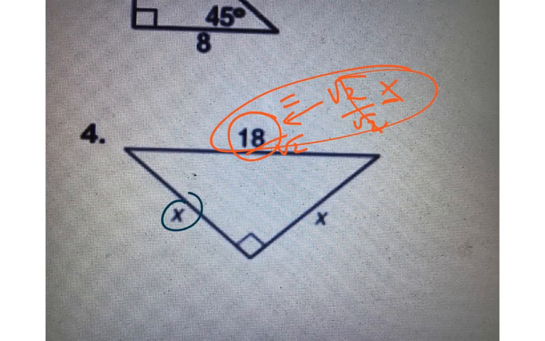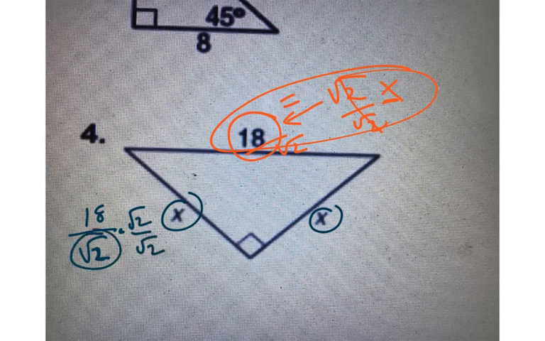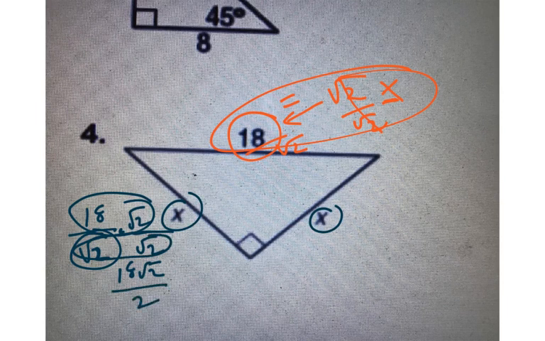And so that's what we're going to do. We know that this x and this x obviously are the same in a 45, 45. And so therefore, we're going to take 18 divided by square root of 2. This is our answer, except we don't like it, right? It needs to be rationalized, so we're going to multiply by square root 2 over square root 2. Remember, we never like to divide by a square root, guys. So we end up with 18 square root of 2 over a regular 2.